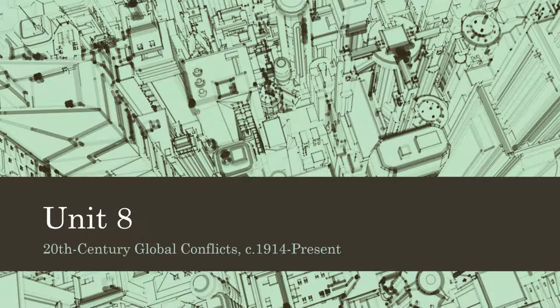This is Unit 8, one of two units in the 20th and 21st centuries. And this one is 20th century global conflicts. You have covered a lot of this stuff in not just world history freshman year, but also last year in US 2. So we're going to try to hit things, obviously, from a European perspective.